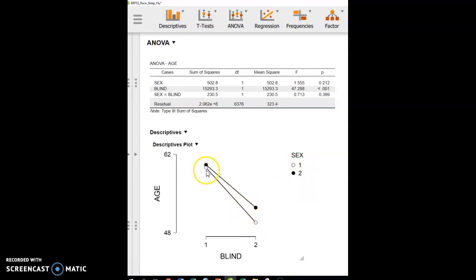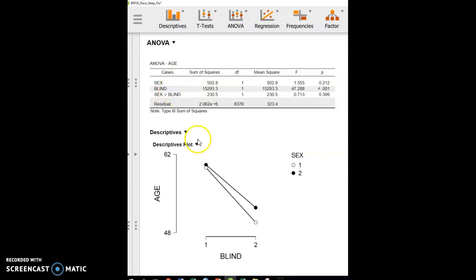So these 2 points here represent the 2 males. These are both male groups, and these darker dots here represent the females. So we really have 4 subgroups represented here, and we get that because the sex variable had 2 factors, male, female, and blind had 2 factors, blind or not blind.